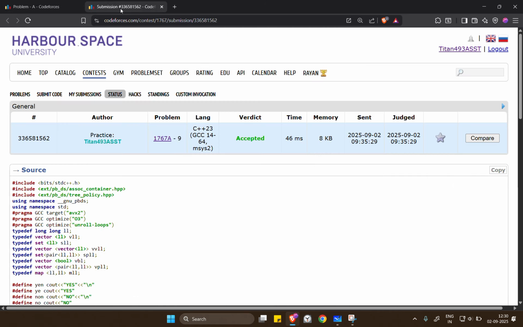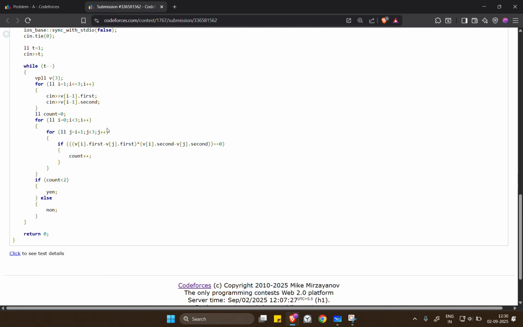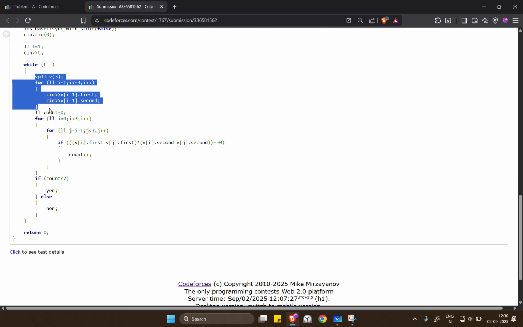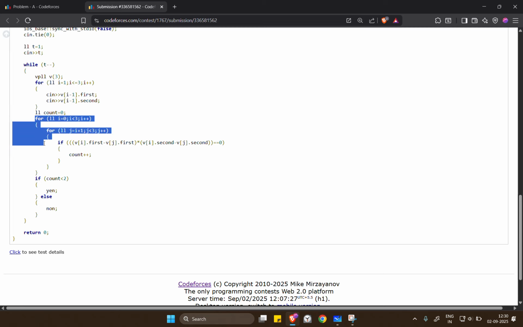Let me show you the code real quick. Just taking the input and initializing the count variable, and again iterating in the same way as we did in the LeetCode problem, and checking whether y2 minus y1 into x2 minus x1 is 0 or not. If it is, incrementing the count, and if count is less than 2, our answer is yes.